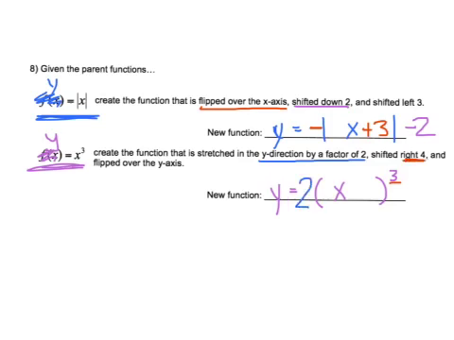Right 4, I know it's inside parentheses, so I know for sure 4. Going right is a positive value, so we're going to tack a negative sign on it. And if we flip it over the y-axis, remember the x-axis flip went out front, so the y-axis will go inside our parentheses right in front of that x. And there is our new function.